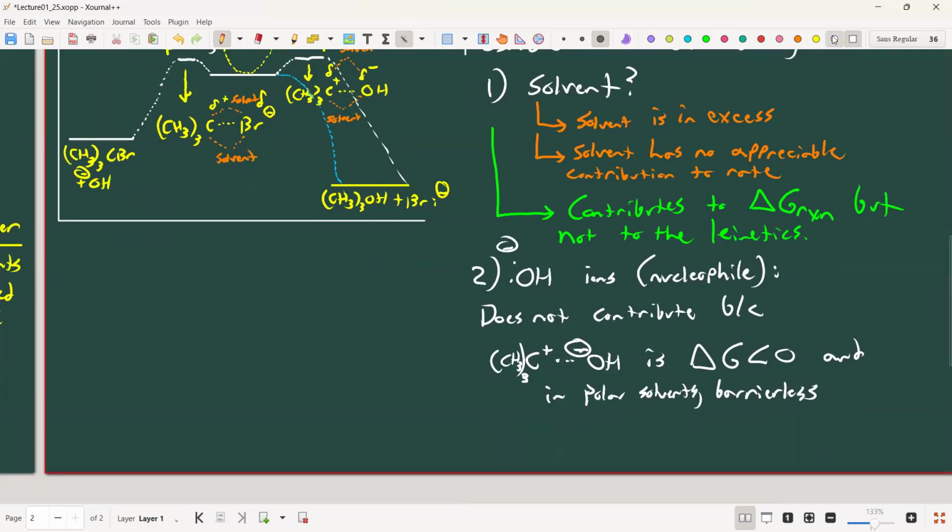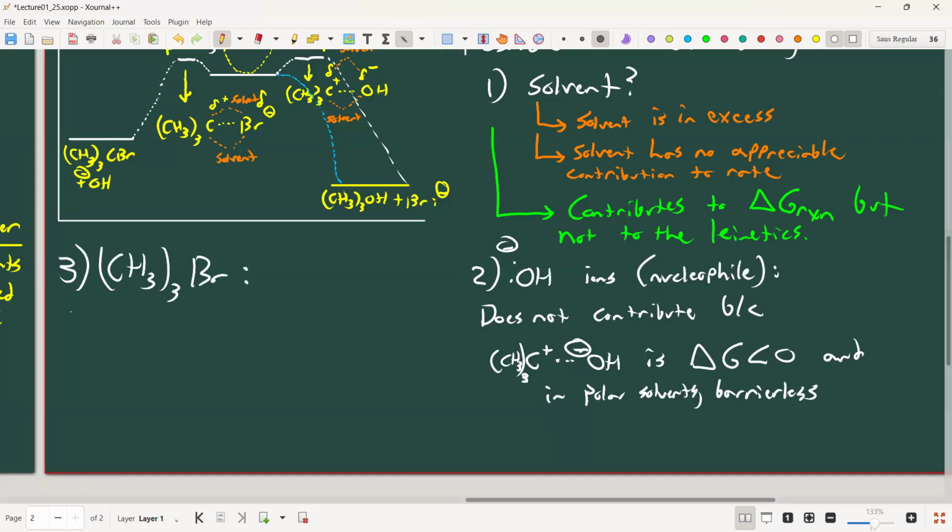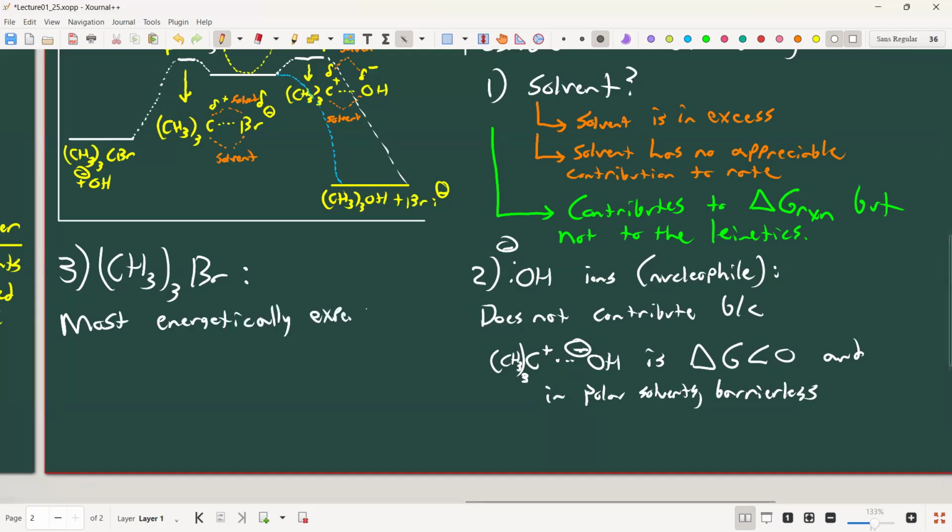So the only thing that's left, the only thing that can contribute now, is the reactant itself. Ultimately, the most expensive part of this reaction is the ionization.